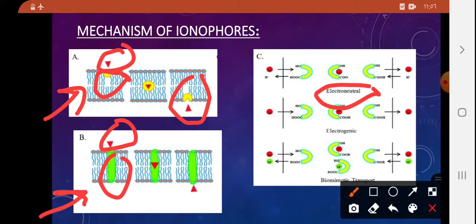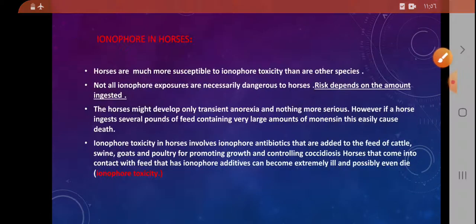The last mechanism is biomimetic transport, which can be achieved by polyether ionophores with modified carboxylic groups such as amides or esters.